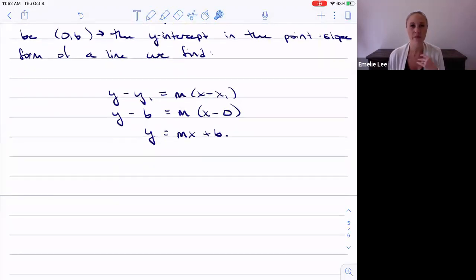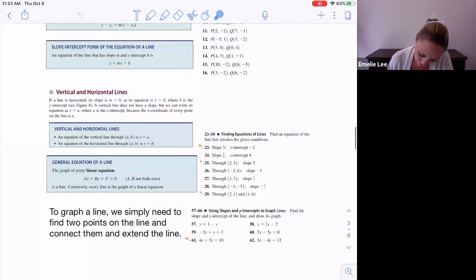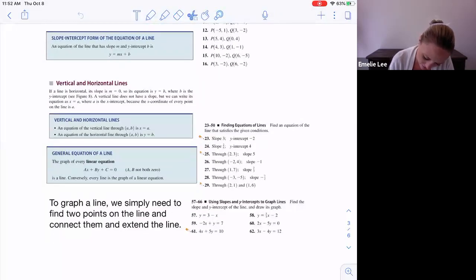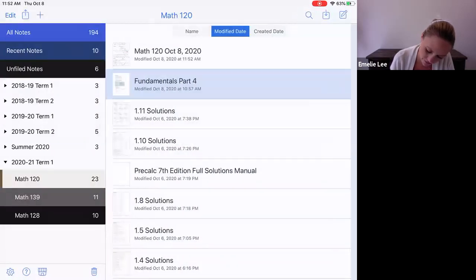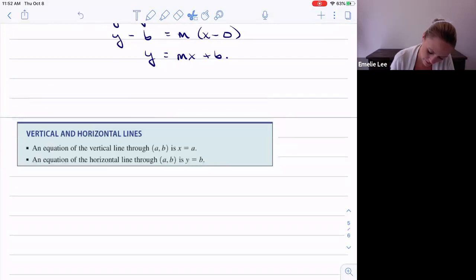Okay. So there are some special lines, specifically a vertical line or a horizontal line. And so a vertical line, if we have a vertical line, then what that looks like is x equals a.